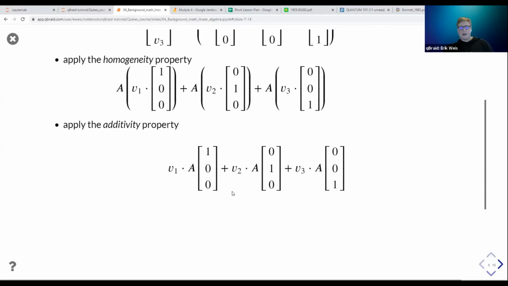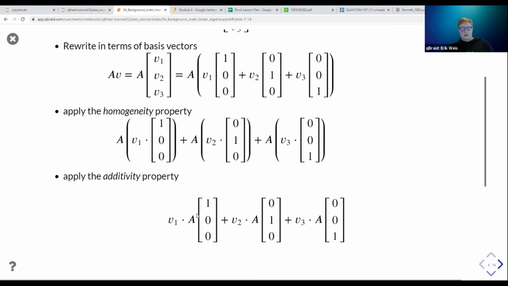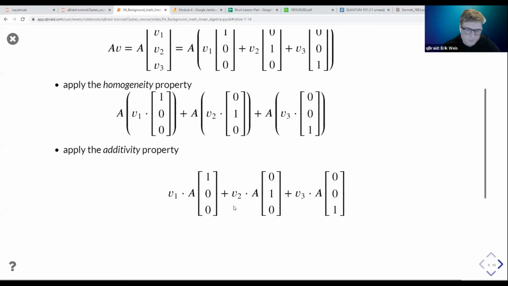So what ends up happening is each element of the vector is just what happens when you apply the matrix A to each of the basis states. And then we can use those results as building blocks for our final vector. So this becomes a new basis, if you will.